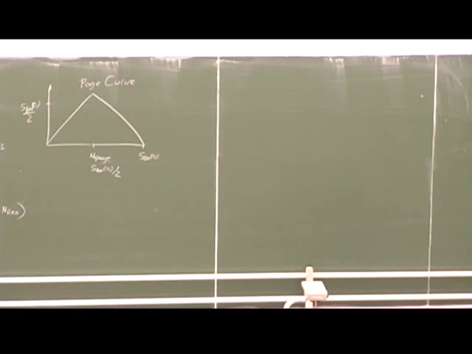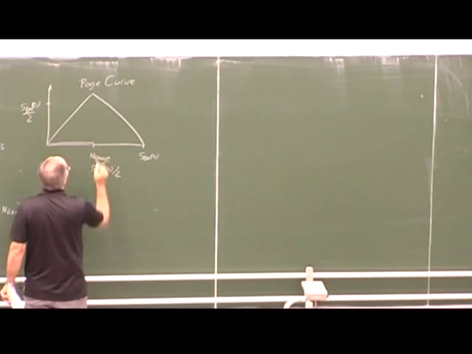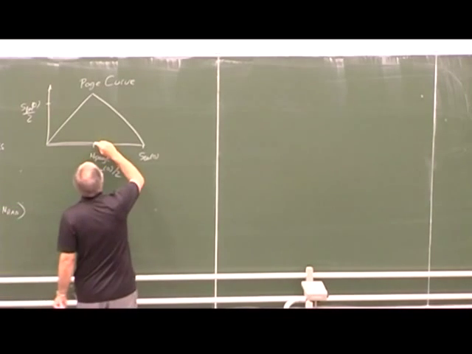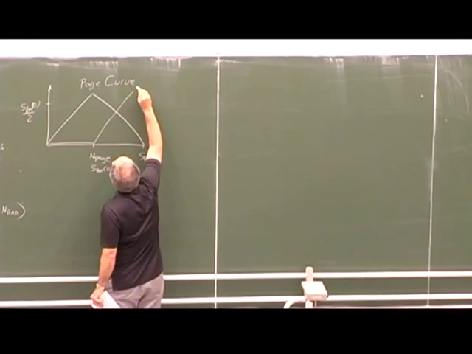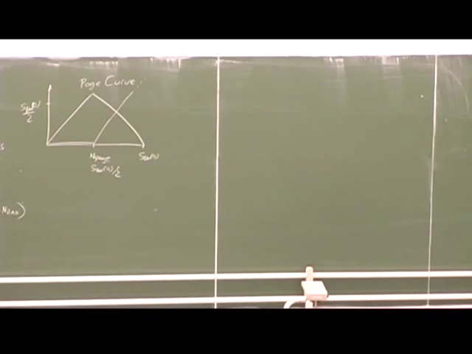And if we draw the information, it is 0 here. So this Page time is really the time that the first bit of information starts to come out. And then it goes up to I equal S_BH of 0, right?